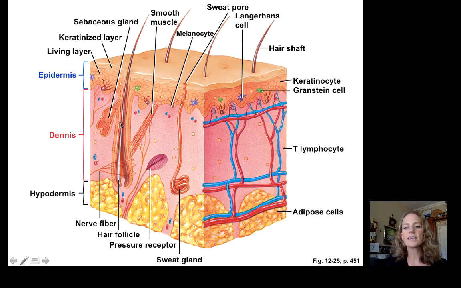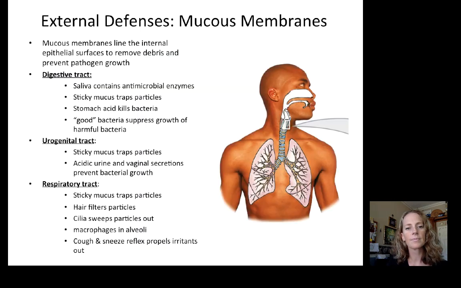This is a reminder of skin anatomy, but I will not be testing you on skin anatomy here. If pathogens are able to get past the skin, they may have done it through the mucous membranes. Not only do we have the external defenses of the skin, but where we have openings to the eyes, the mouth, the nose, and other openings lower down in the body, such as vaginal openings, we will have mucus.